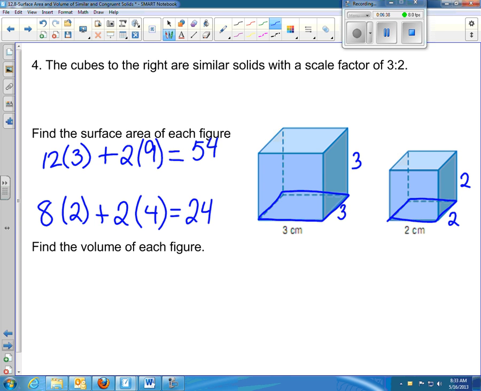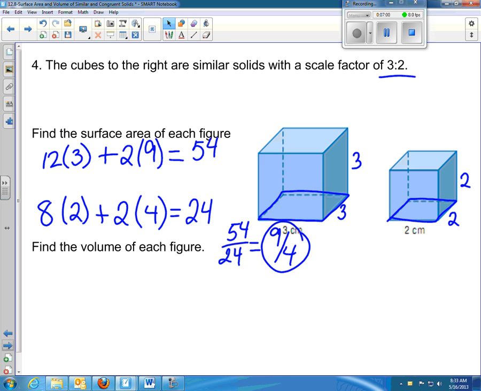Now I just want to say that our scale factor is 3 to 2. So let's just see the scale factor of our surface area. So if we put 54 over 24 and we reduce that, we get 9 over 4. That's our ratio of our surface areas. Keep that in mind for when we talk about our next theorem. All right, the volume of each figure.